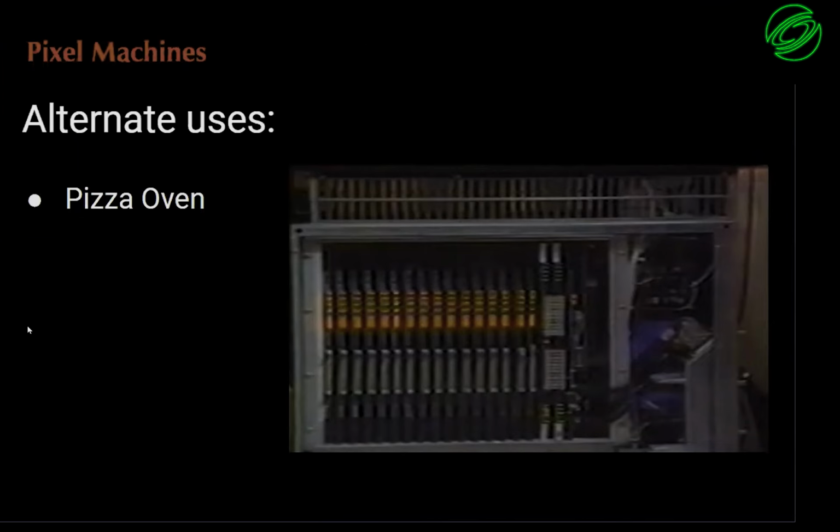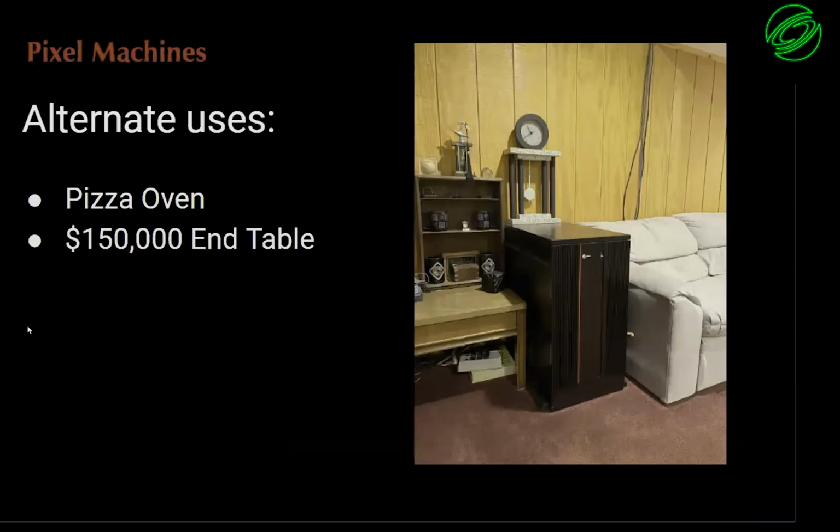But the one thing that we learned was that if you were ray tracing with 820 megaflops of processors in there, it got really, really hot. And we accidentally discovered that if you left a pizza sitting on top of the Pixel Machine, it would warm up very nicely. And as John mentioned, it does make a very nice $150,000 end table, which has been sitting in my basement for a very long time.